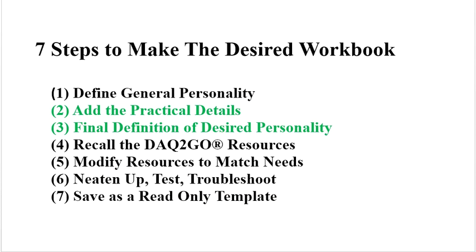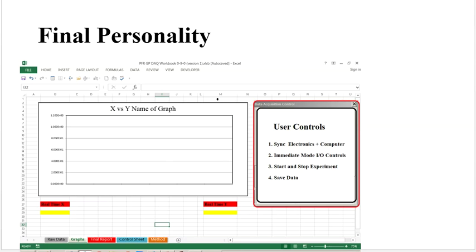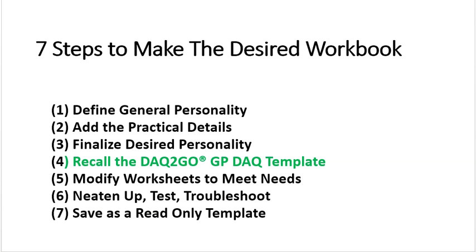And so maybe I want to add a few extra things like instantaneous values for the X and Y, and then define the user control so it syncs the electronics, lets you toggle all of the various I/O controls in immediate mode, and then start and stop the real experiment, and of course save the data.